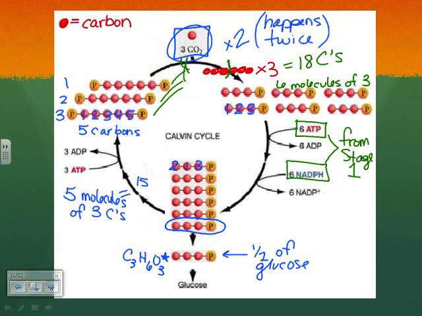It's a cycle. We need to reuse and reuse and reuse. So more energy is supplied. Where's that energy coming from? Stage 1, ATP from stage 1. This ATP is going to come in, break the bonds, reshuffle again, and we're back to 3 groups of 5.